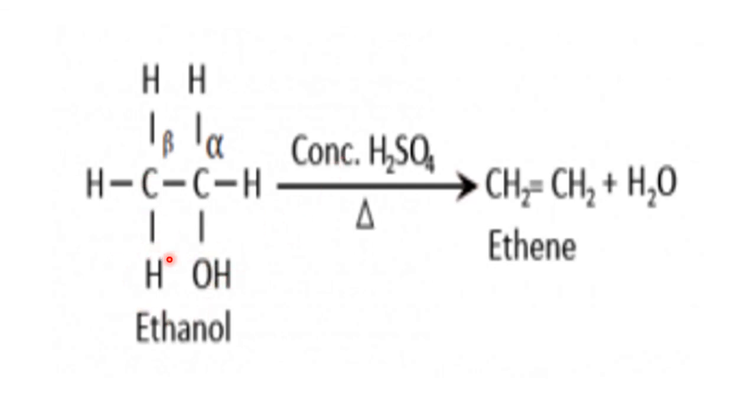For this removal we use this acid. So conc. H2SO4 acts as a dehydrating agent, which removes the water. So water removal is facilitated by this acid. Okay, therefore because water is removed, it is dehydrated by acid.